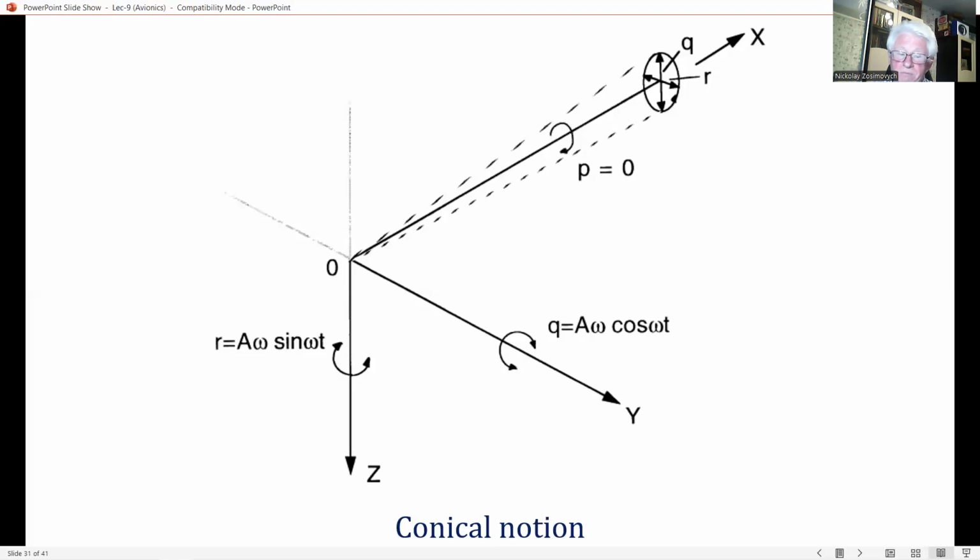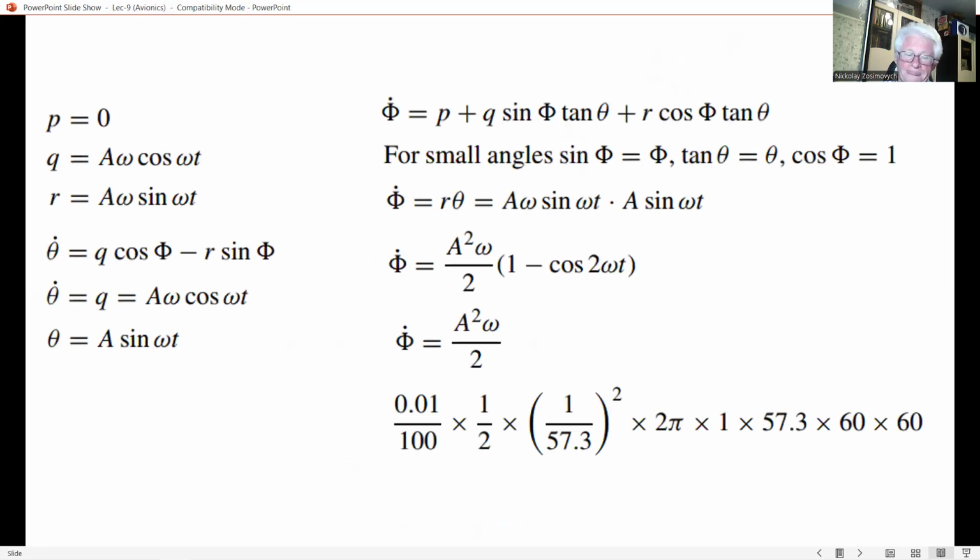So why do we have a cone? Suppose the motion measured by the gyros is as follows: P equals 0, Q proportional to Aω cos ωt, R proportional to Aω sin ωt.